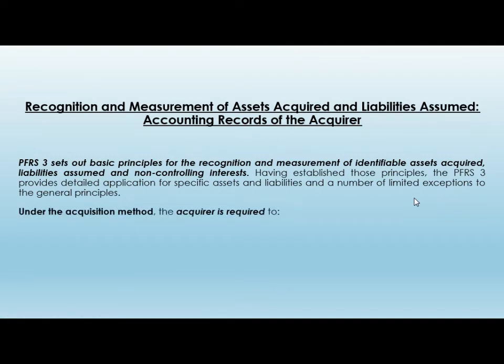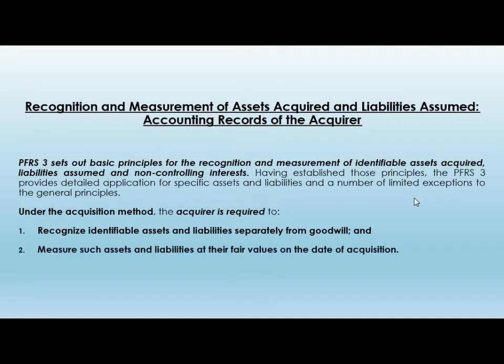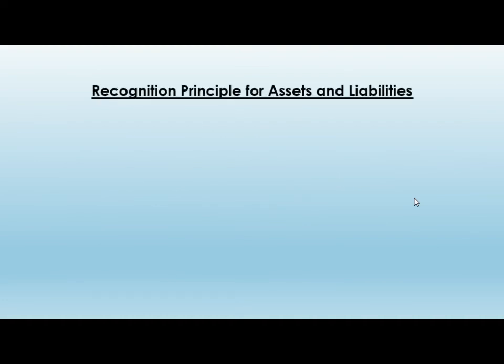Under the acquisition method, the acquirer is required to first recognize identifiable assets and liabilities separately from goodwill, then measure such assets and liabilities at their fair value on the date of acquisition. Ayun lang, dalawa lang pala.